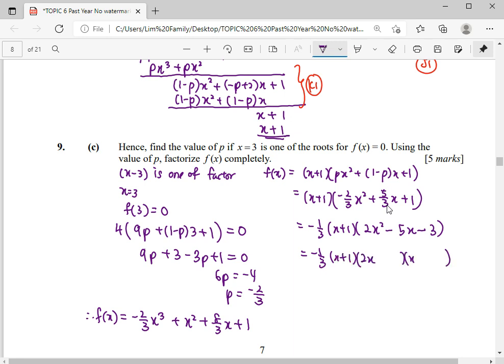So 2x, x, this one is 3, this one is 1, then it should be positive.